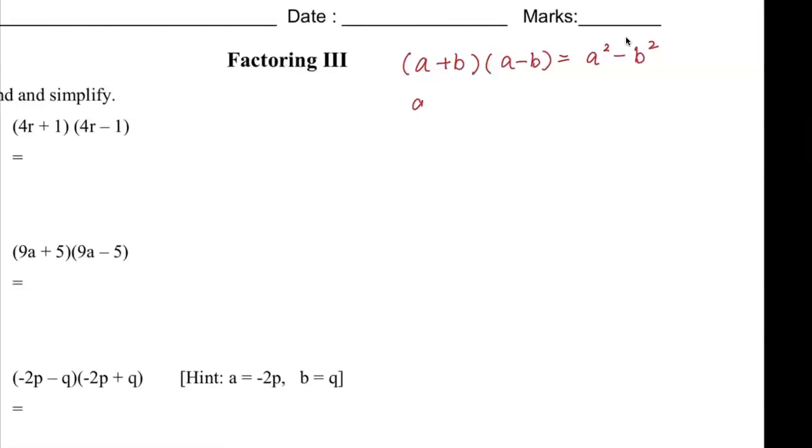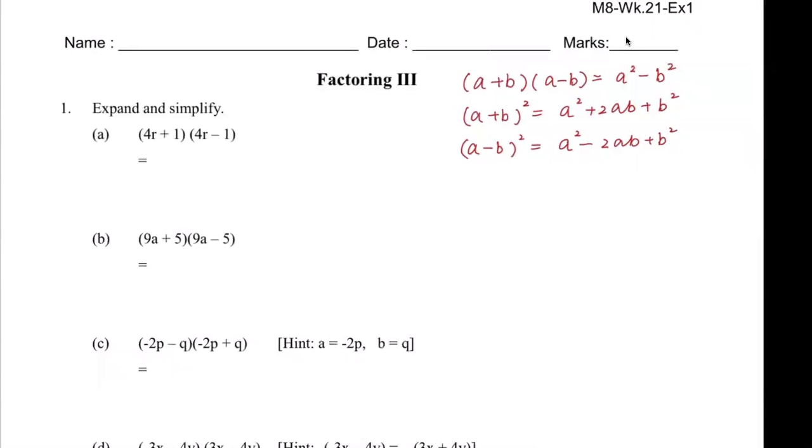A plus b squared is equal to a squared plus 2ab plus b squared. A minus b squared is equal to a squared minus 2ab plus b squared. Basically all the questions in this homework are pretty much based on these three formulas. So let's look at the questions.